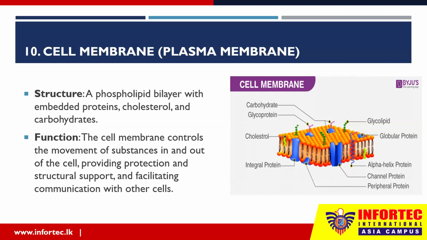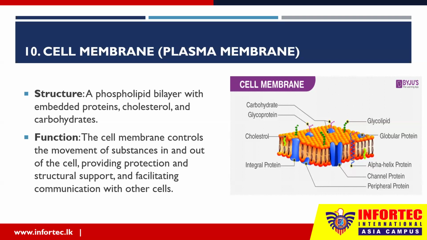What do those proteins do? They create an opening, like a door, for things to go inside and outside of the cell. Protein channels are present, and through those channels various things go in and out of the cell.